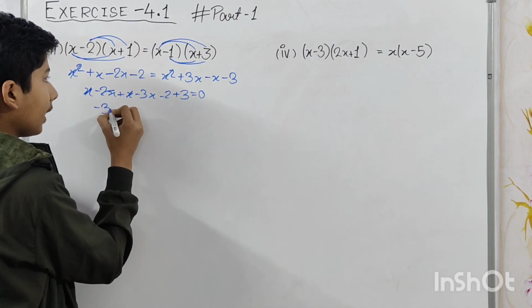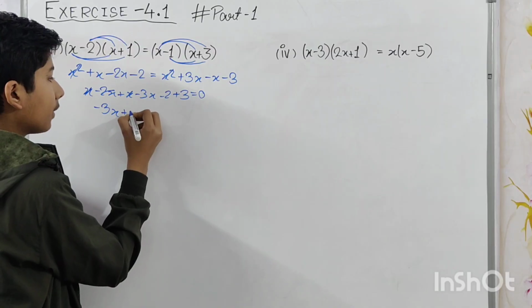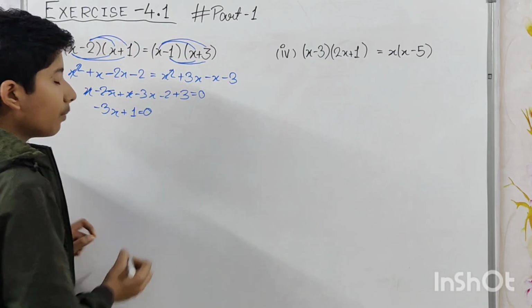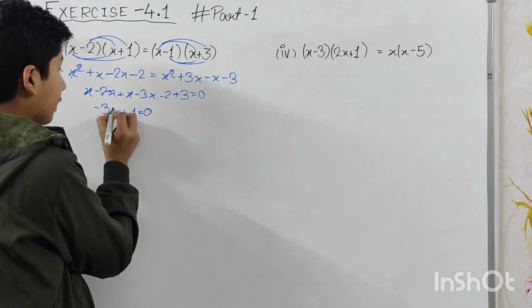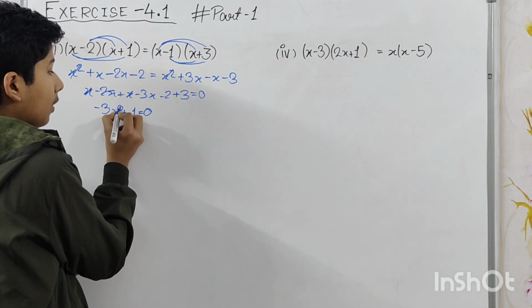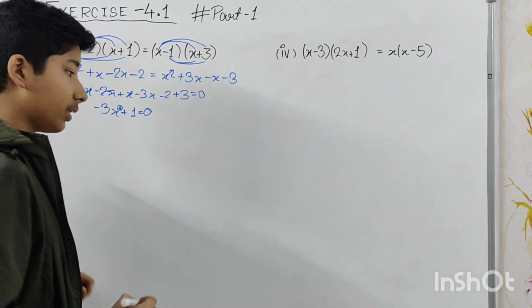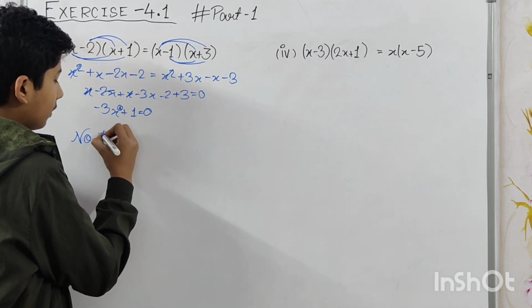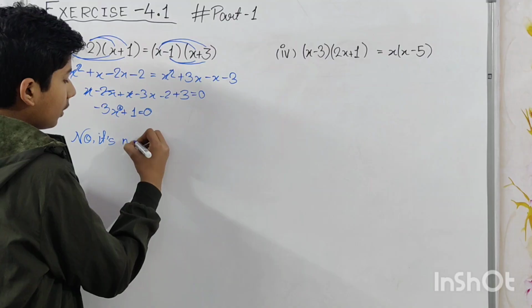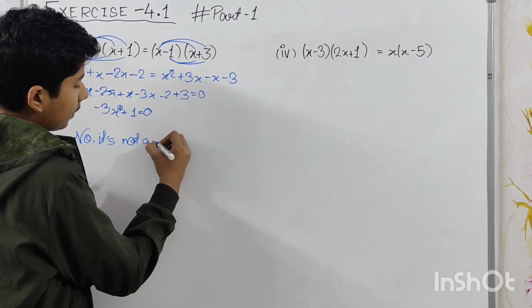So minus 3x and plus 1 equal to 0. But the highest power is not 2, instead it is 1. This is a linear equation, so our answer will be no. It is not quadratic.